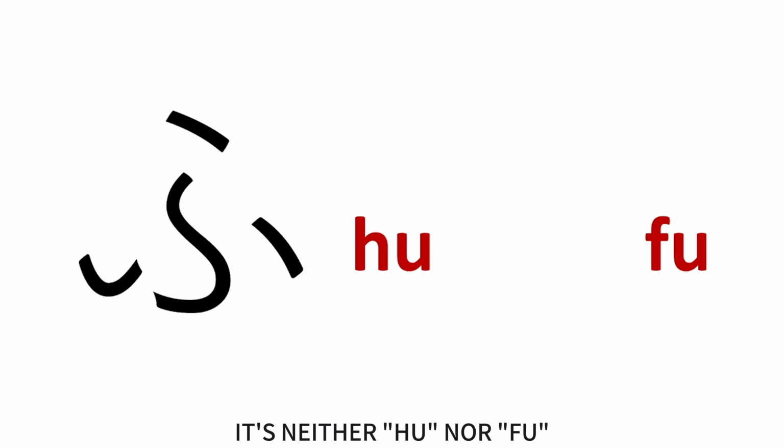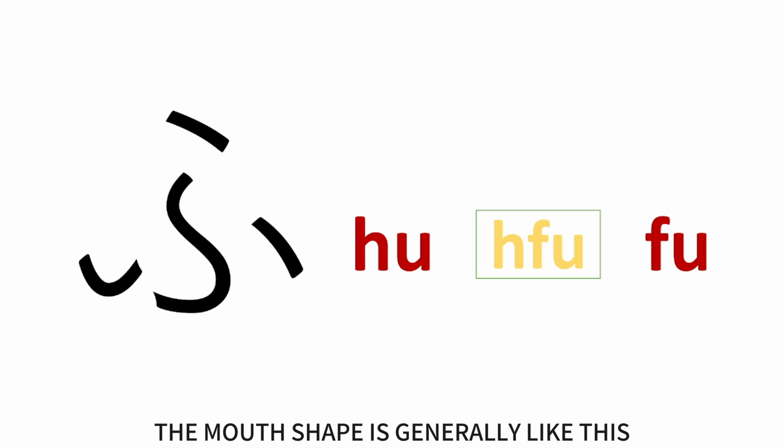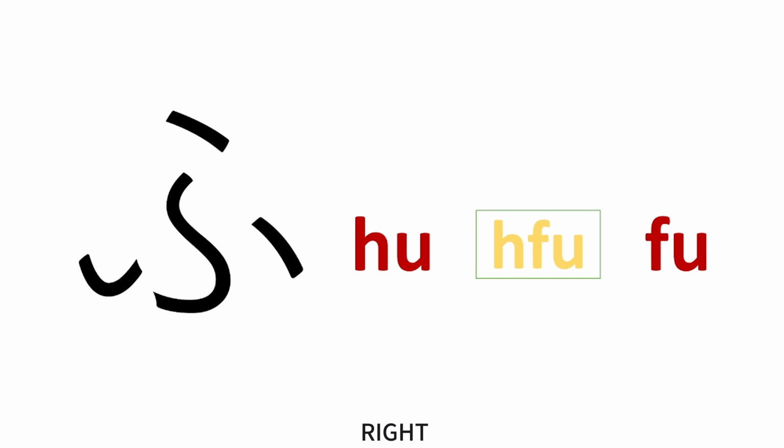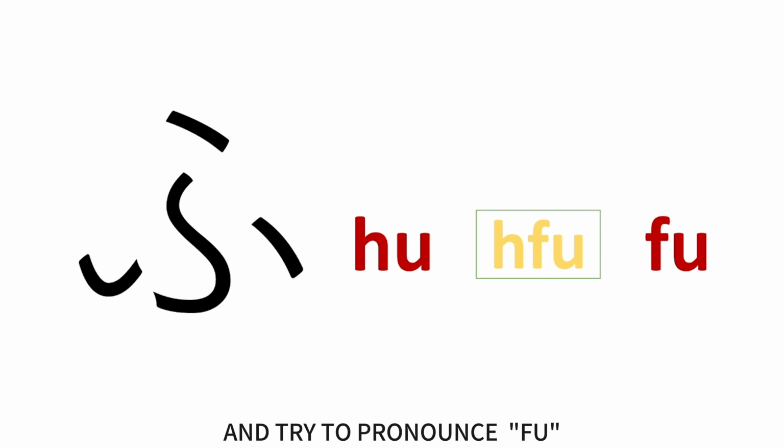It's neither hu nor fu, but something in between. When blowing out candles, our mouth shape is generally like this, right? Similar to hu. Now, let's maintain this mouth shape and try to pronounce f. But your teeth should not touch your lower lip. F, f, f.